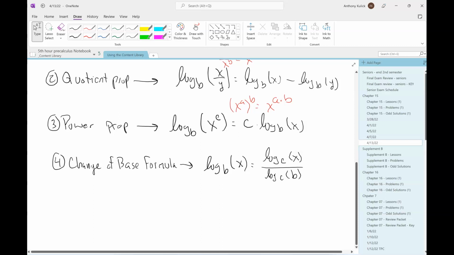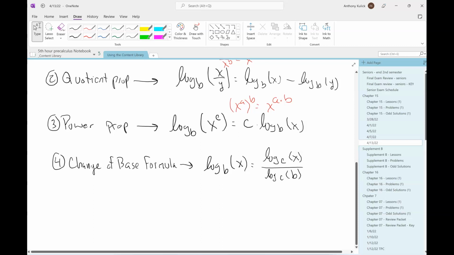So a lot of the time we had to look up the values of logarithms out of these tables in the back of the textbook. So if I want to do something like log base 2 of 5, the logarithms in the textbook were only log base 10 or only natural logs.